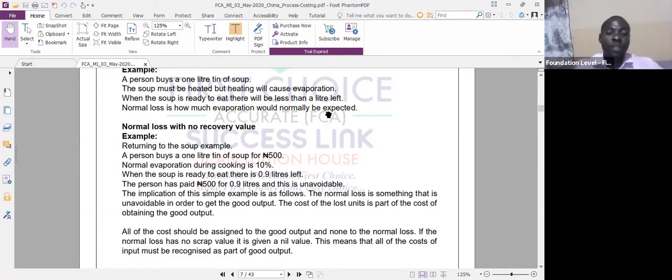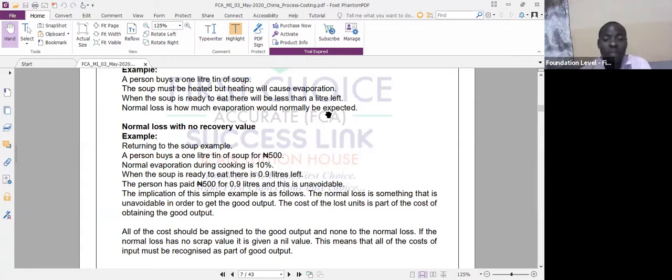Let's say you bought the liter of soup for 500 naira and the normal loss due to evaporation was 10%. That means 0.9 liters will be left of your soup.